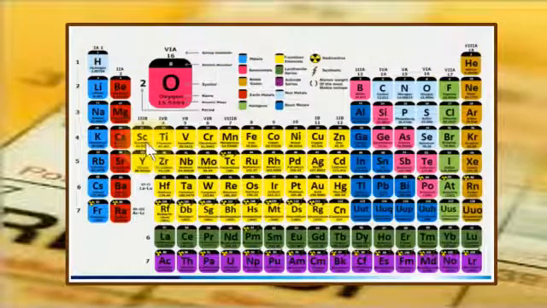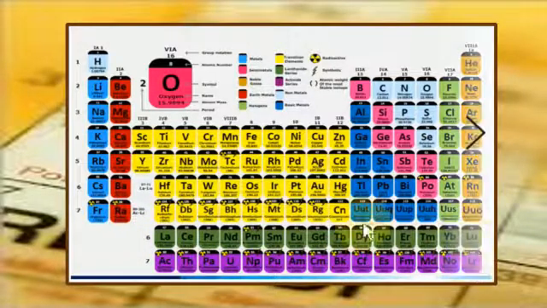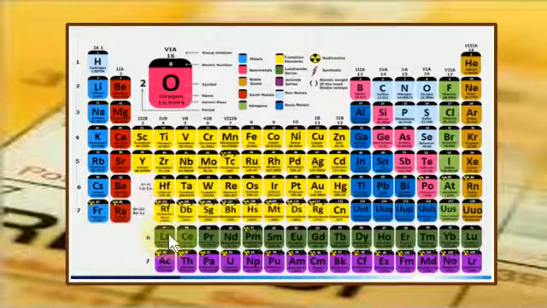Then comes the D block. The maximum number of electrons in the D subshell is 10, so there are 10 groups. They are all transition metals that we will not study yet; we will study them in higher grades. Then there is another block called the F block. They are also transition elements. If we place these 2 blocks over here, there will be the expanded form of the periodic table.